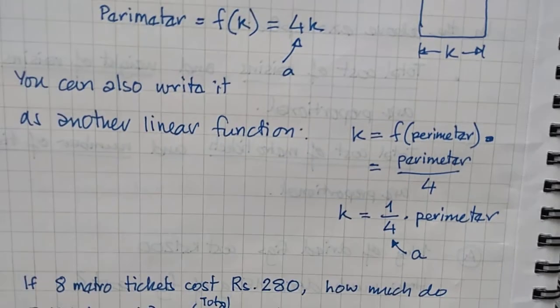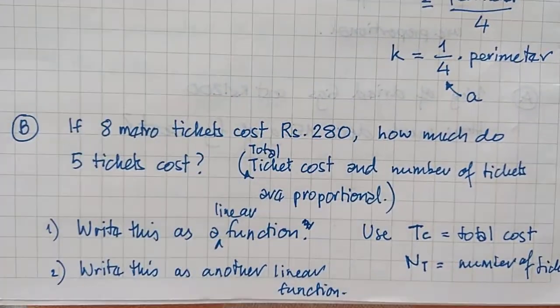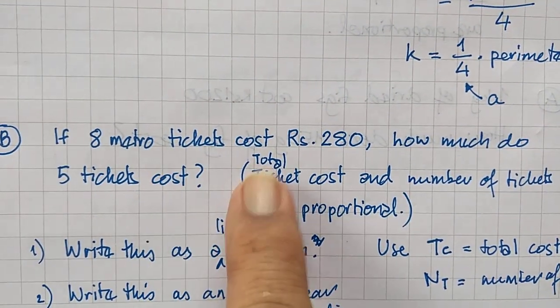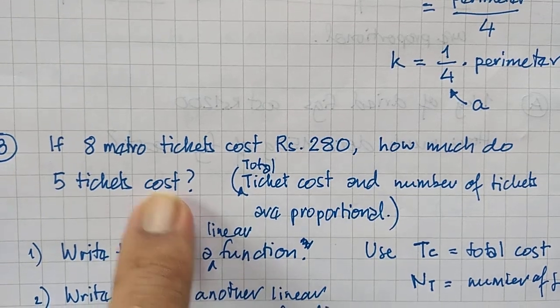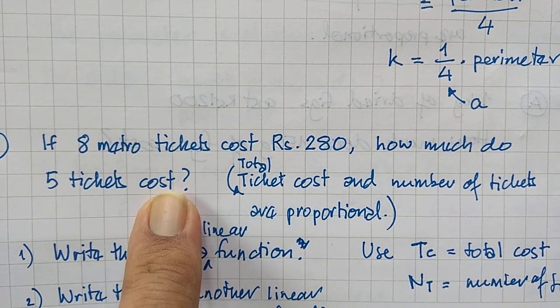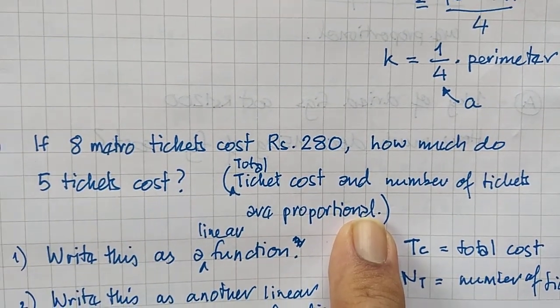Okay, so now I will give you again a problem. Again you have to do this. If 8 metro tickets cost rupees 280, how much do 5 tickets cost? We assume that total ticket cost and number of tickets are proportional.